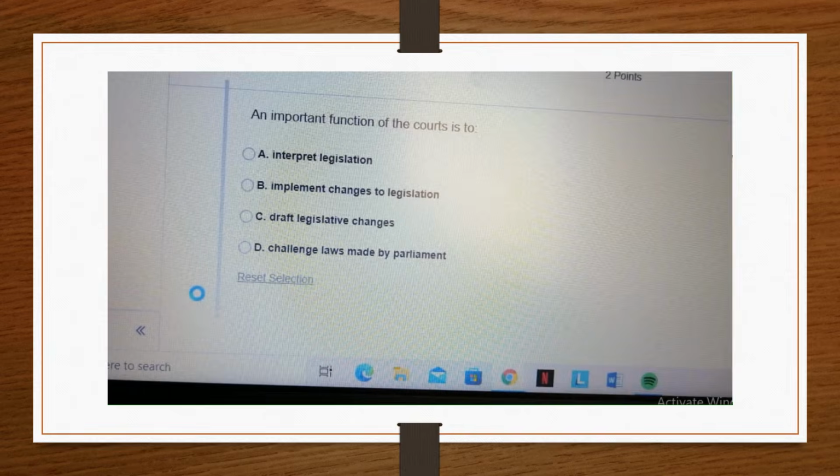Legislation are those acts that are made by Parliament, or the laws, case law, stuff like that. Draft legislative changes, no, they do not do that. The courts do not make up laws, or they do not make up legislation. Their function is to interpret the legislation. I think you need to check that out on your study guide.